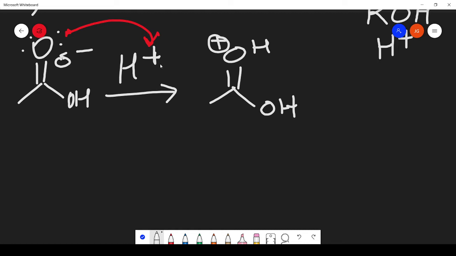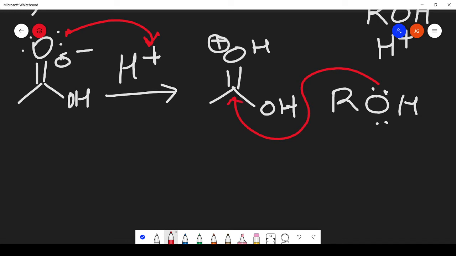Next we have our alcohol here, ROH, and this oxygen on the alcohol is also very electronegative. And so it's going to attack over here. And the reason for that is because of this H+, making this a more reactive species.